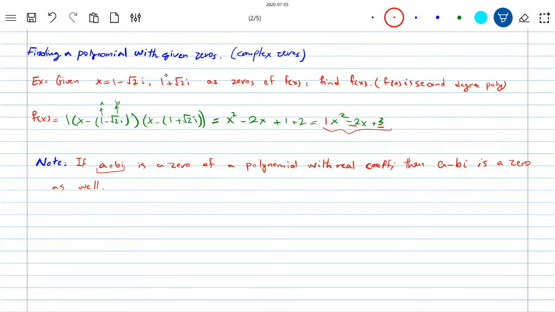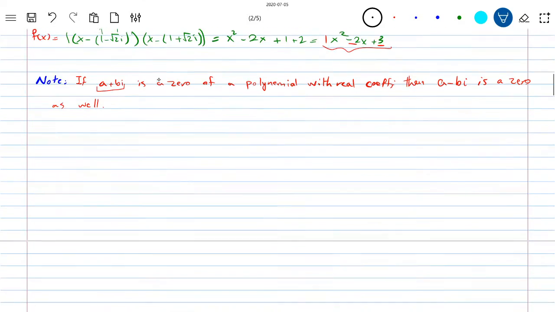So if I tell you, for example, in the last example, 1 minus root 2i is a zero, just by knowing that the polynomial has real coefficients, you should say the other zero is 1 plus root 2i. The polynomial may be a higher degree polynomial, maybe 5th or 6th degree. That means you would have more solutions, but you know at least 2 of them. Just by knowing one complex solution, you should know the other one.